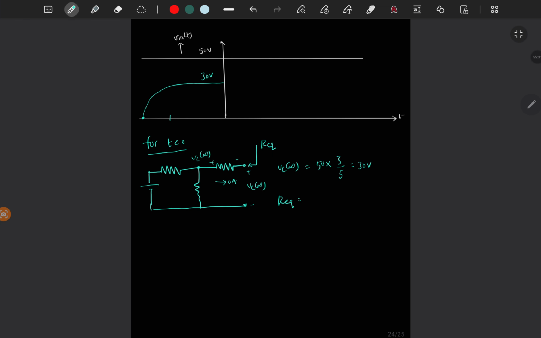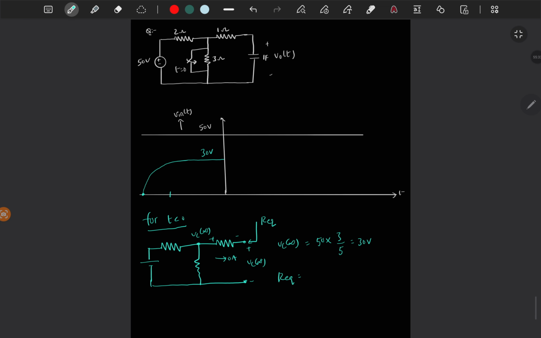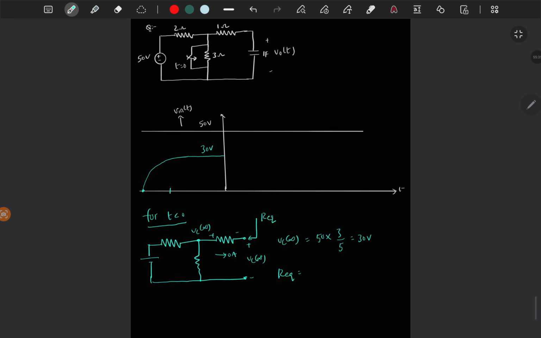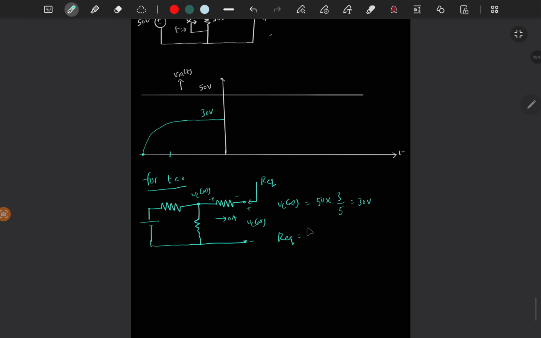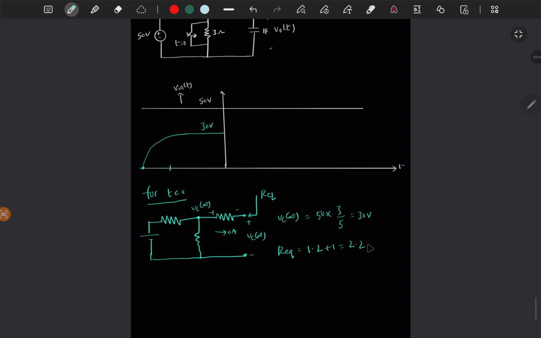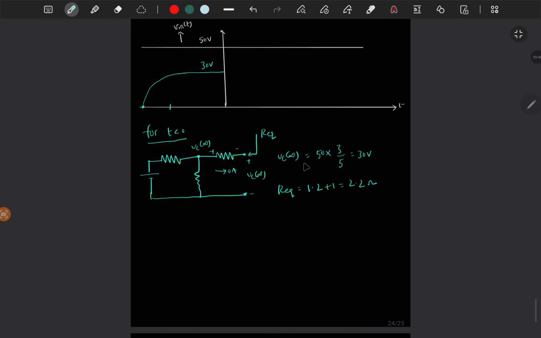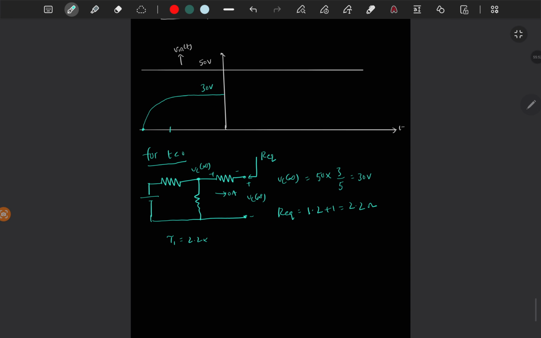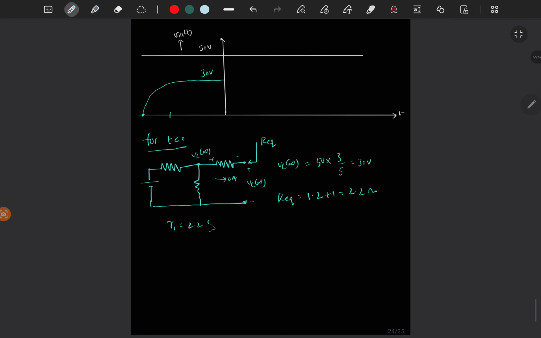If you short circuit, then 2 and 3 are parallel, which is 6 by 5, which is 1.2. 1.2 plus it is in series with 1 ohm. So 2.2 ohms. So the tau 1 is 2.2 times 1, which is 2.2 seconds.